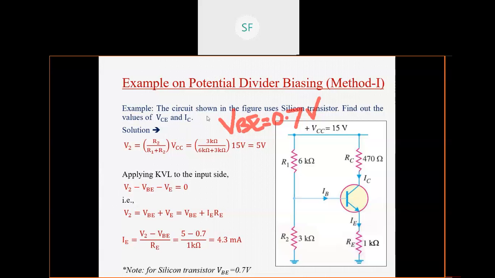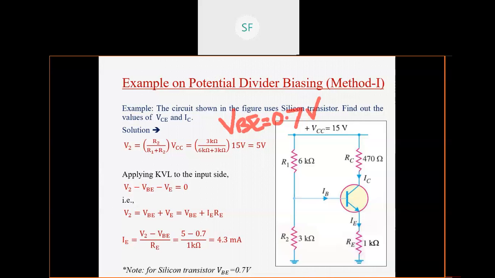Now by reading the problem itself, you get the idea that nowhere is it mentioned that you need to find the base current. The base current is not asked, first point. Second point, beta is also not given. So these are two points you should note, which you have to use to choose either method 1 or method 2.